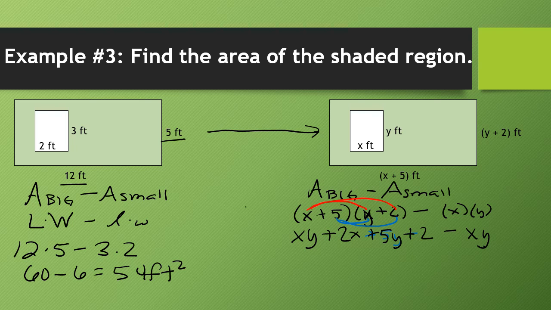If I look at what's going on now, I look for like terms. I have a positive xy here and a negative xy here. These two terms cancel, so this is really 2x plus 5y plus 10. And the unit for this particular thing, we're finding area, so this is going to be in feet squared. This is what you need to know for today.